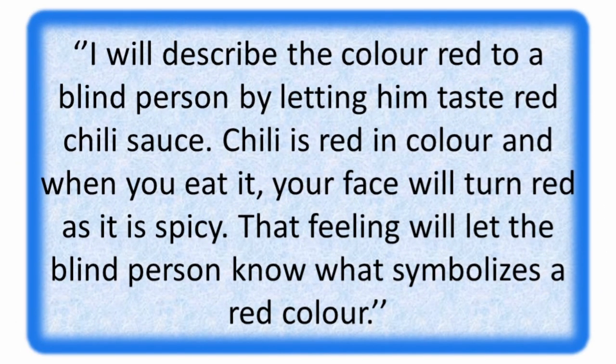Another example is, I will describe the color red to a blind person by letting him taste red chili sauce. Chili is red in color, and when you eat it, your face will turn red as it is spicy. That feeling will let the blind person know what symbolizes the color red.